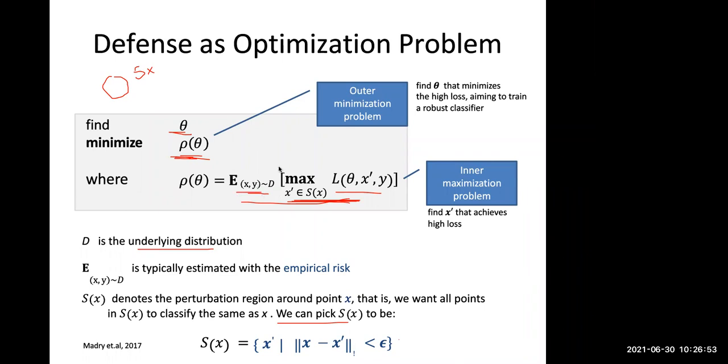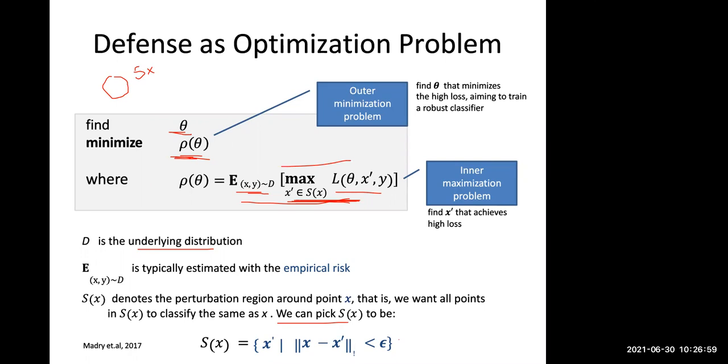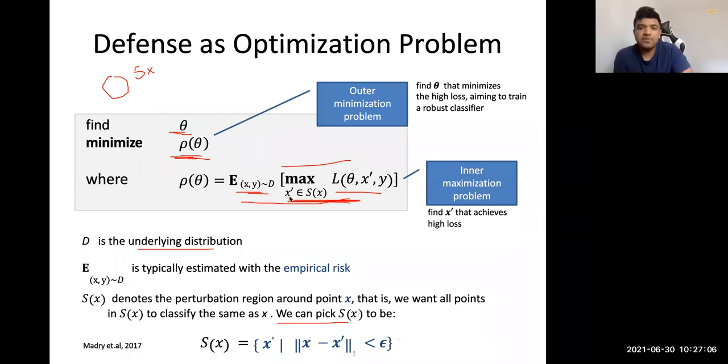And we want the expected value of this loss function. So for each point, we are trying to find the x prime for which the loss is maximized, so the maximum loss.